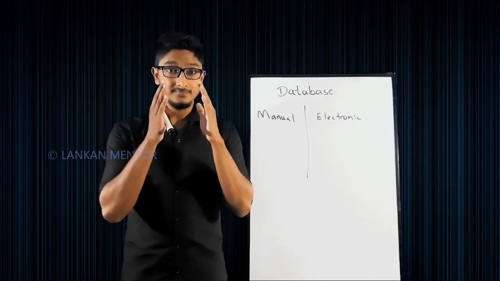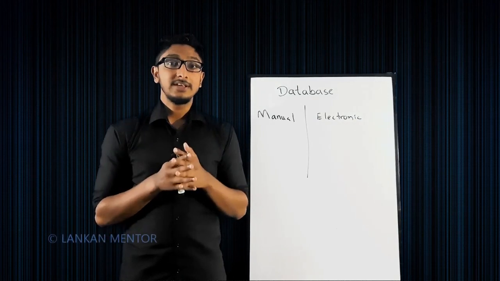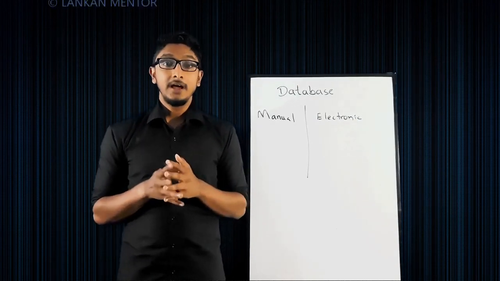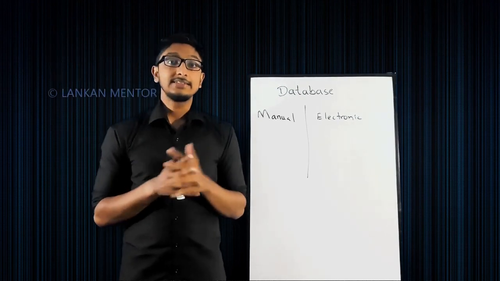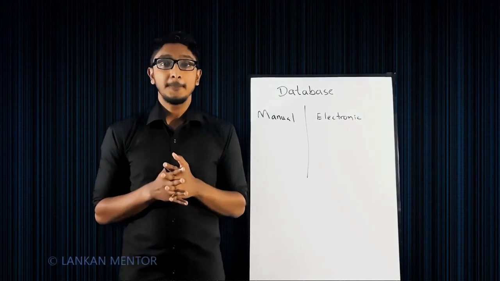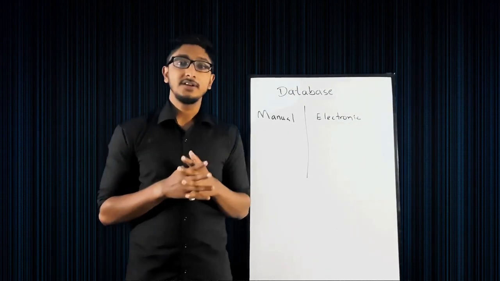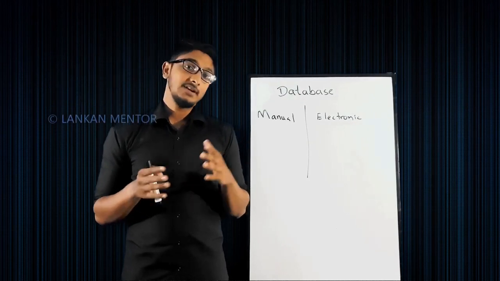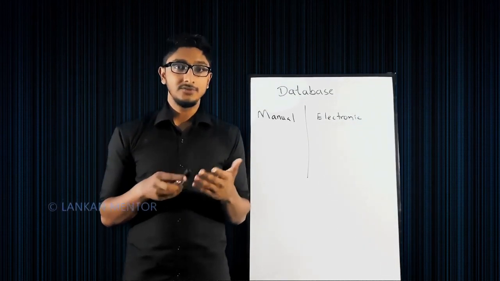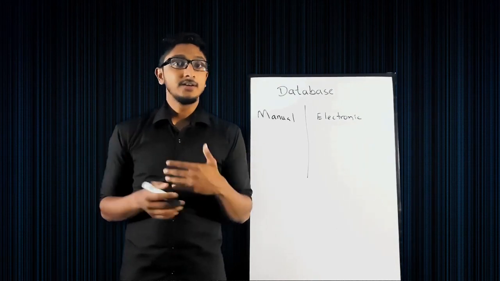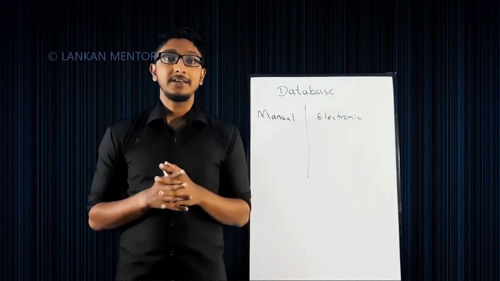So manual system is less efficient. That is what it says, right? And number two, it is less accurate. Manual systems are less accurate, whereas electronic systems are highly accurate. Why? Because in manual systems, as I told you, when humans are writing stuff, humans are entering data, there is possibility of making mistakes.